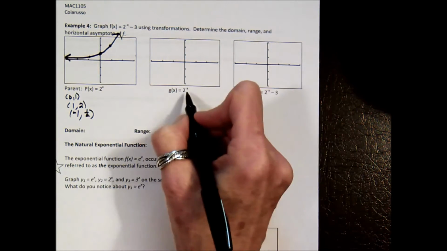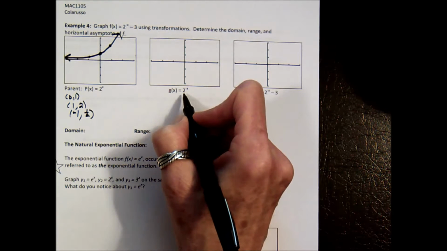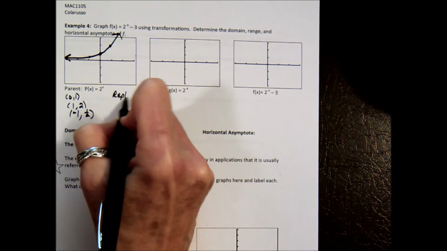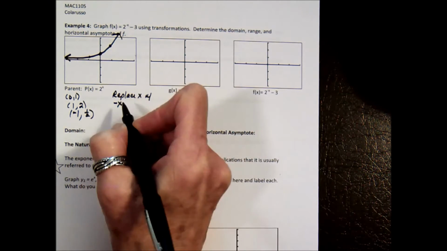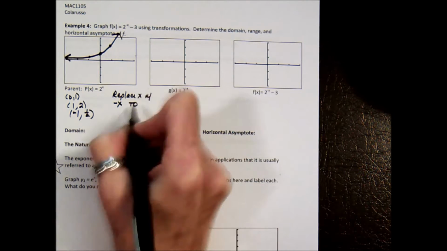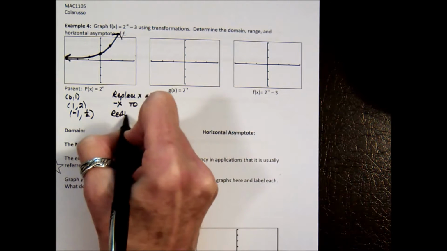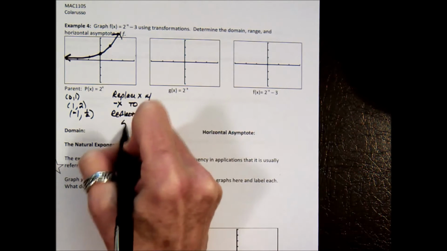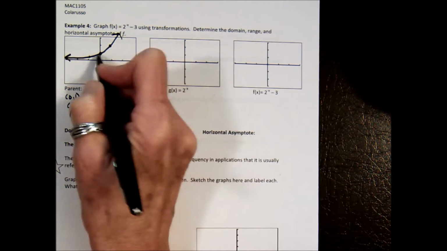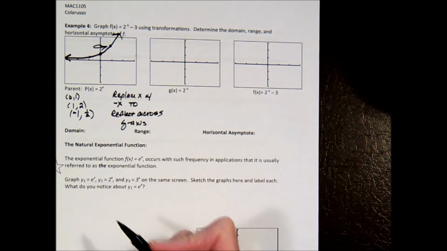So the first thing that we're going to do is replace x with -x. And what that does is it reflects across the y-axis. So this is going to turn around across that y-axis.